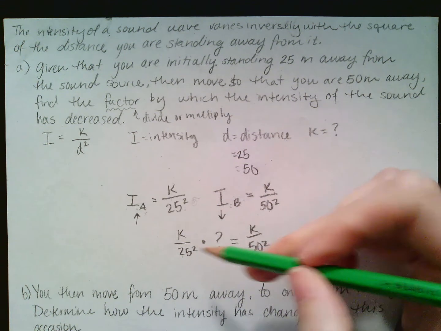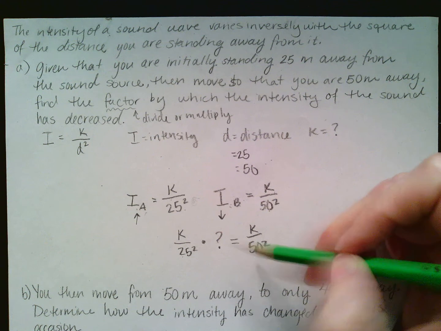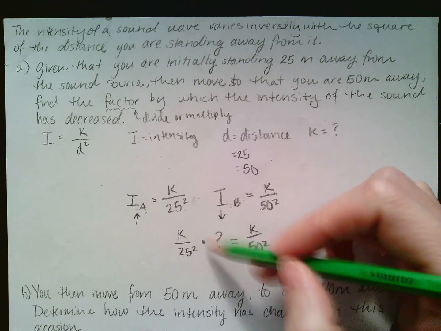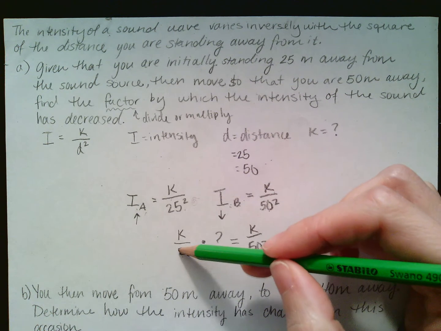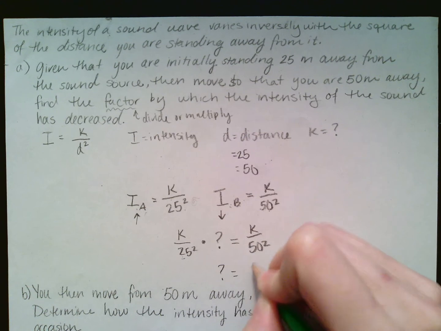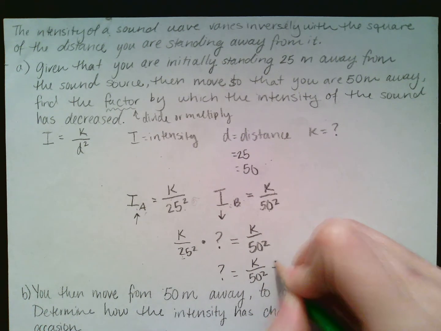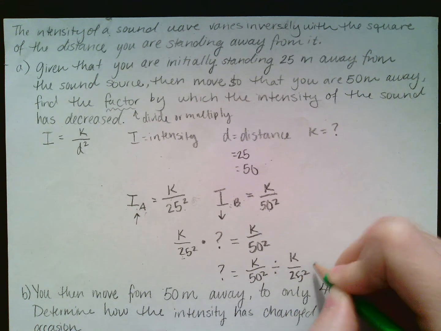My first intensity was multiplied by something such that it gave me my new intensity. So how do I solve for an unknown here? Well, I multiply both sides by the reciprocal of this fraction, or in other words, I divide this fraction. So question mark is going to be K over 50 squared divided by K over 25 squared.